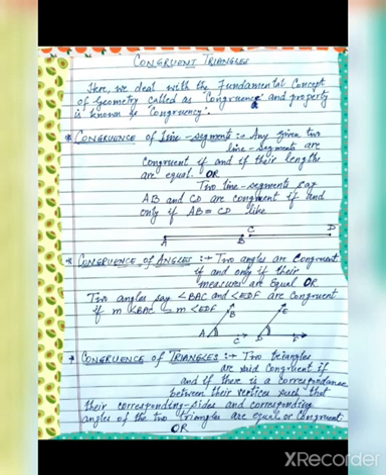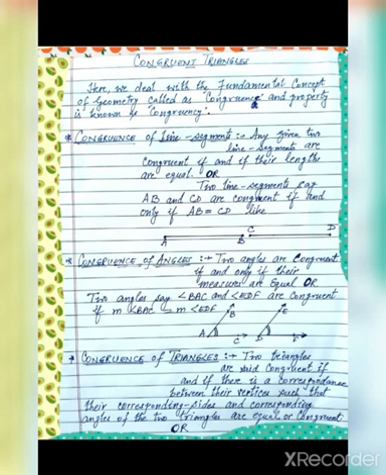Okay, here in this chapter we deal with some fundamental concepts of geometry, which are called congruence, and the property which enables it is known as congruency. The property is called congruency, and the concept is congruence.